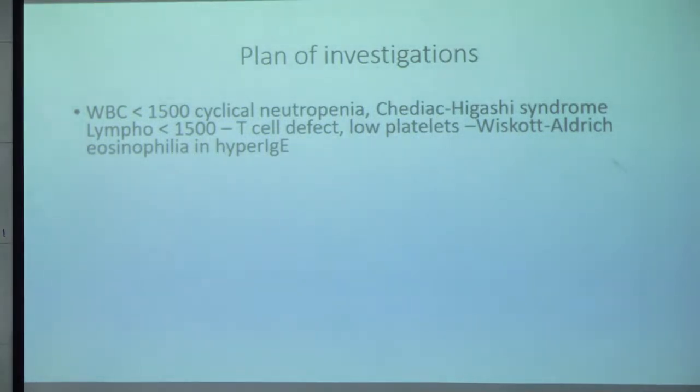And here you know that cyclical neutropenia can be picked up, counts are low; Chediak-Higashi, for example; lymphocyte count low, T-cell defects; low platelets, Wiskott-Aldrich; eosinophilia and high serum IgE is classically seen in hyper IgE syndrome. So CBC also may give you some idea, not every time, and we already said earlier that typical LAD has a very high neutrophilic leukocytosis but no pus formation at all.